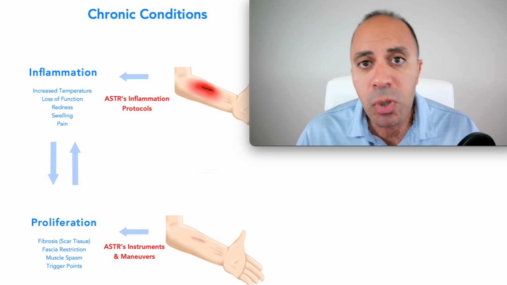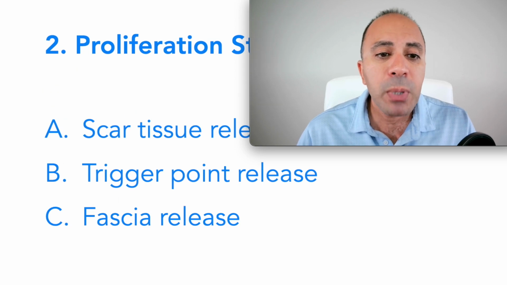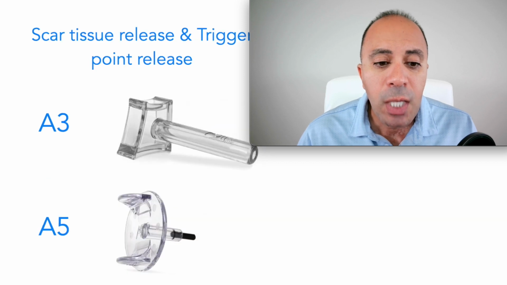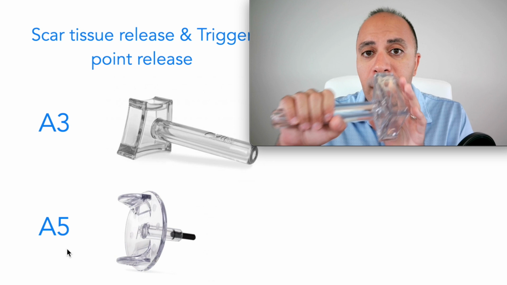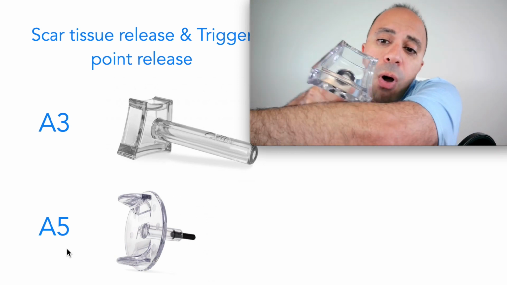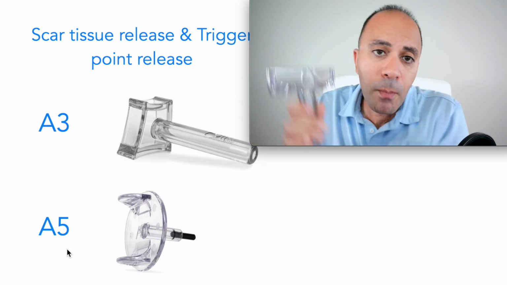At the same time, while we're working on the inflammation, we have to break the vicious cycle of the proliferation stage. In order to do that, what I personally do is I use the A3 to break superficial scar tissue and work on the elbow, breaking any adhesion externally.